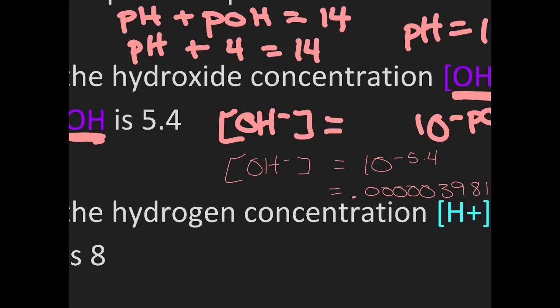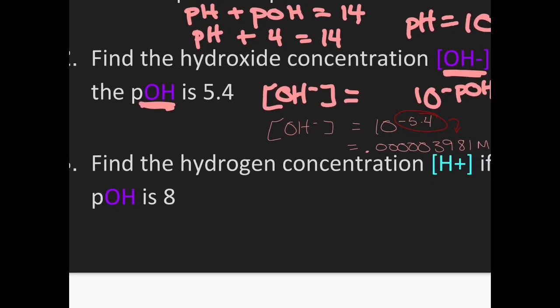Very important here: when you have a decimal in this number, it is no longer a nice and pretty 1. When you punch it into your calculator, it's going to give you decimal numbers. You do need to include those numbers. Anytime you have a decimal in your exponent, it is not going to give you that nice pretty 1 at the end. It's going to give you numbers. Please include those numbers.